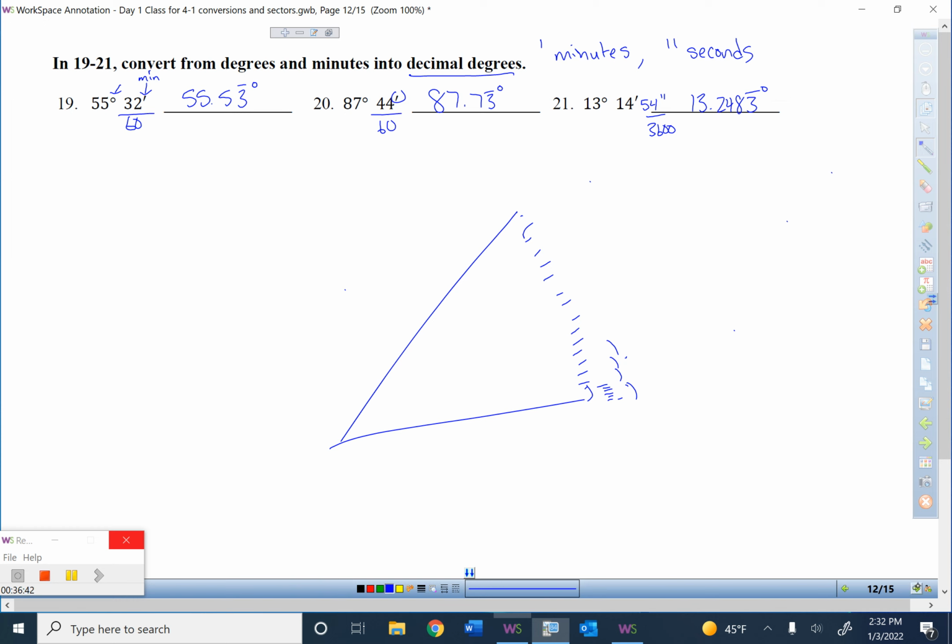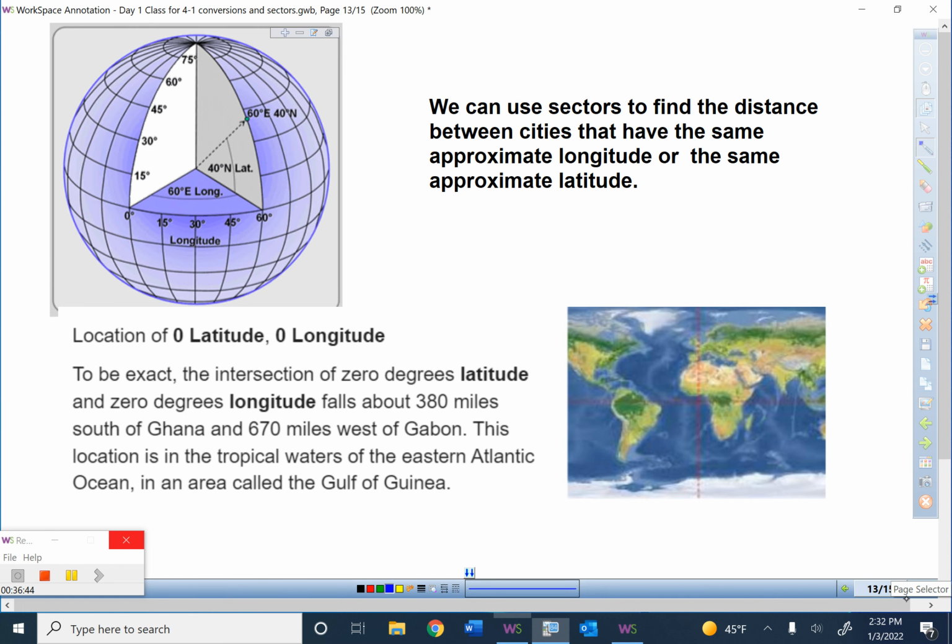Okay, so let's use this to answer some questions. Okay, I told you this was dealing with longitude and latitude. Here's how it works. We can use a sector, what we were just doing, to determine the distance between 2 cities on the globe, as long as those cities fall along the same longitudinal line or along the same latitudinal line.